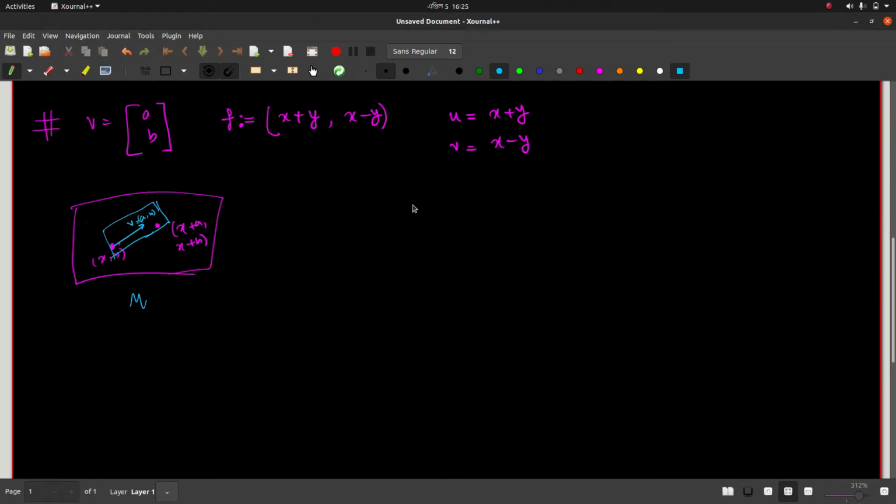So since we already know that the directional derivative, let's call it capital D of f, along the vector v is given by this, like this, and note the fact that it happens for both the x plus y mapping, which you can denote with f1, and x minus y as f2.